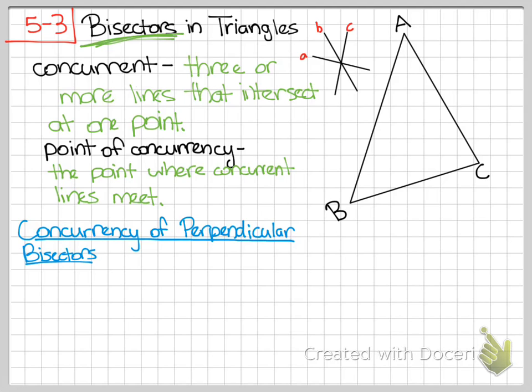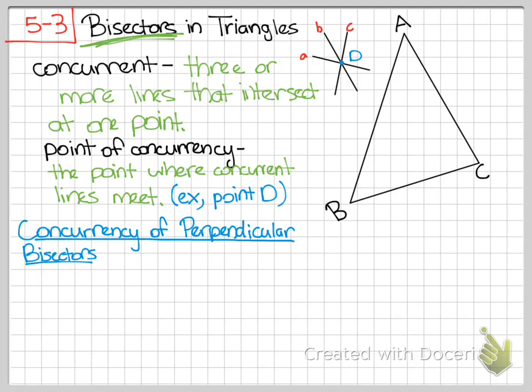That is your point of concurrency. So here in lines A, B, and C that I just drew, this point here, we'll call it D, would be our point of concurrency.